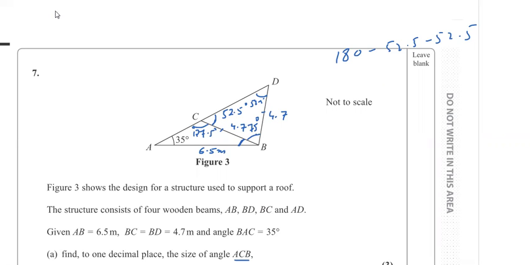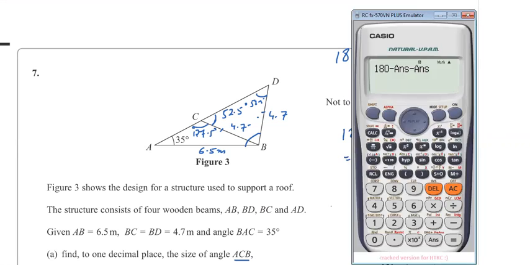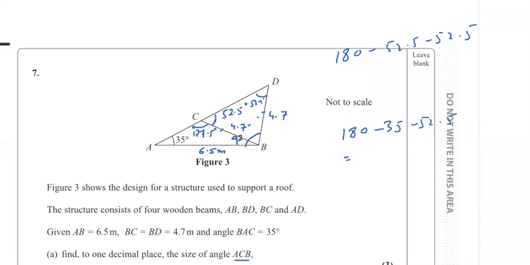So this complete angle, considering this triangle, will be 180 minus 35 minus 52.5. If I calculate, 180 minus 52.5 minus 35 is 92.5. So this total angle is 92.5.